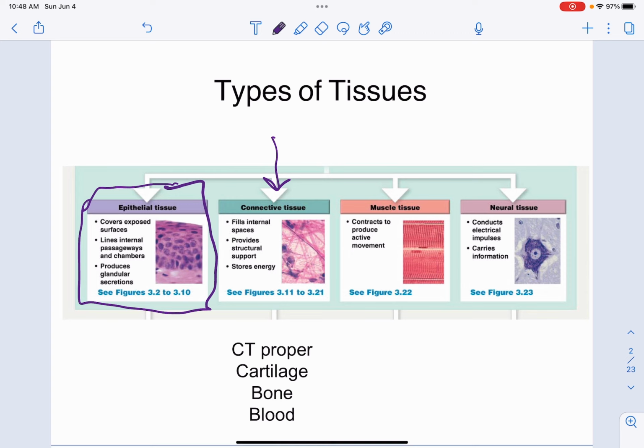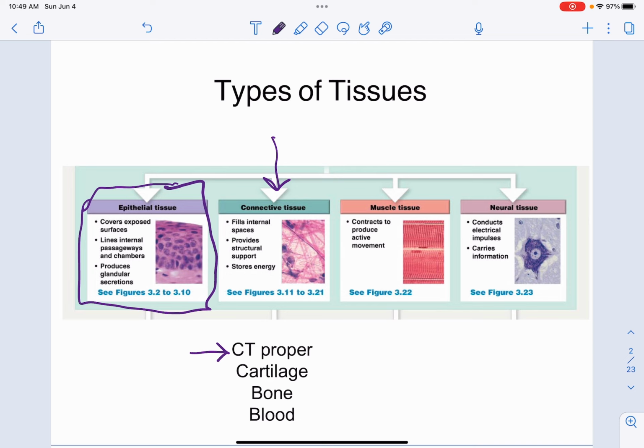But we're actually only going to talk about one type of connective tissue today, and that is called connective tissue proper. There are other types of connective tissue, including cartilage, bone, and blood, that we will study later in the semester.